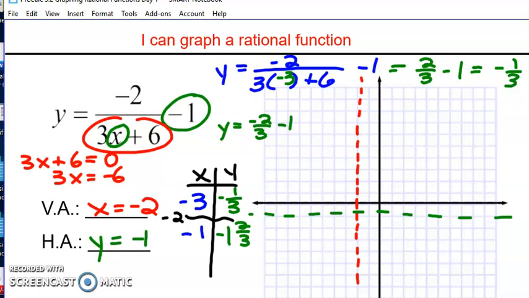I'm going to go left 3 from the origin, from the center, 1, 2, 3, and down 1/3. And then I'm going to go left 1 and down 1 1/3. They should be about the same distance from where the x asymptote and the y asymptote cross, which they are. They should be kitty corner. One is upper left, so the other one is lower right.